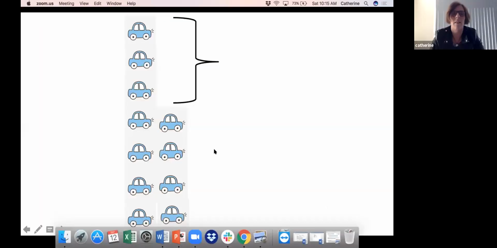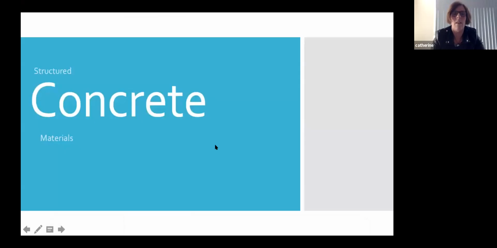Right, let me go back to sharing my screen. So using structured concrete materials is my third point that helps support mathematical conversations.